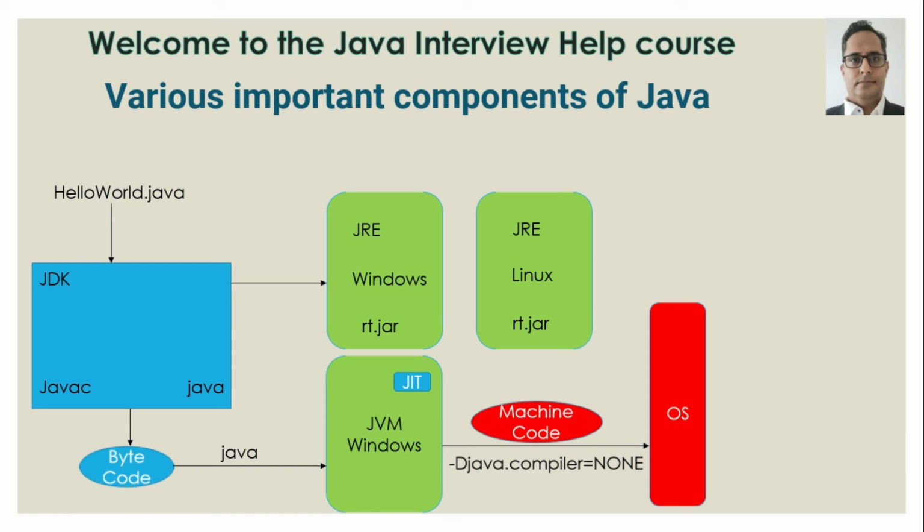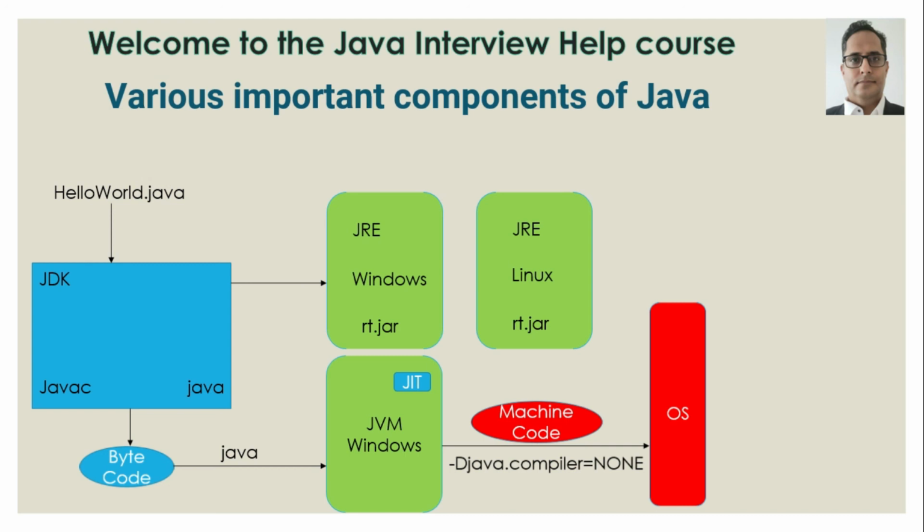Whereas if we use the JIT, it converts a little bit of bytecode at a time, and then it can do certain optimizations by inlining functions, etc., which makes our application perform better. By default, the JIT is enabled when we use the Java command.